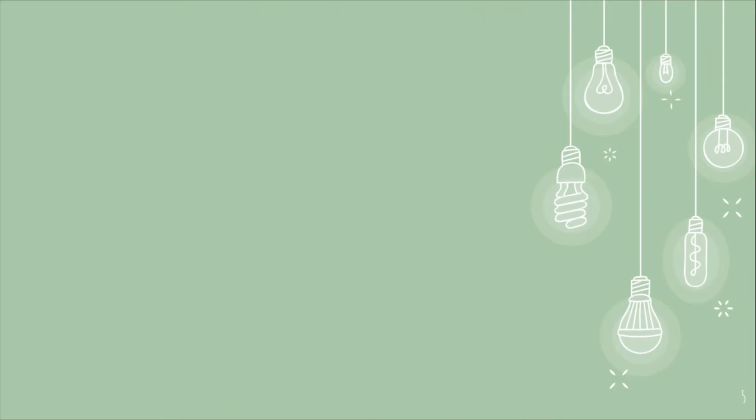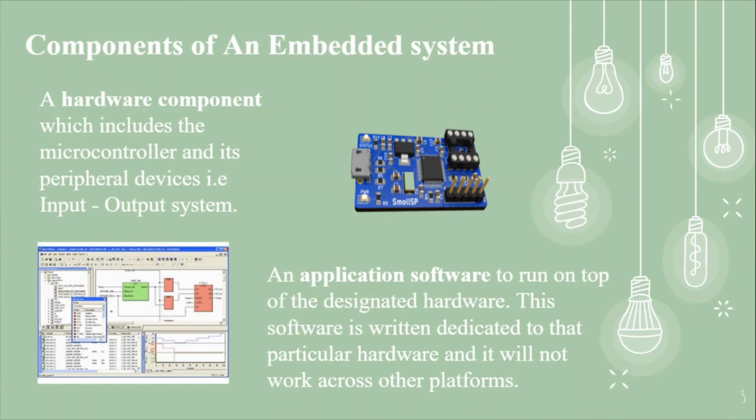As we have known from the previous slide, an embedded device is a combination of both hardware and an application software. A hardware component which includes a microcontroller and its peripheral devices, that is input and output system. An application software to run on the top of the designed hardware. This software is written dedicated to that particular hardware and it will not work across other platforms.